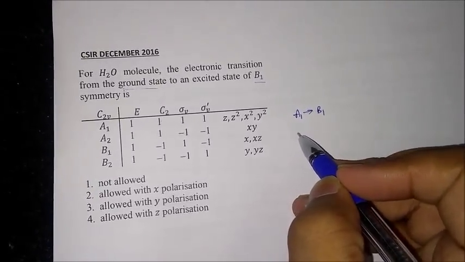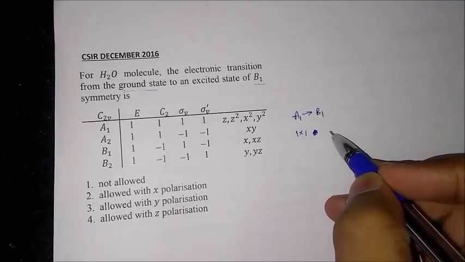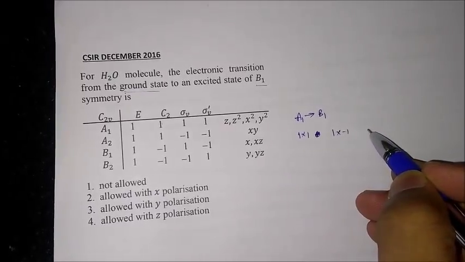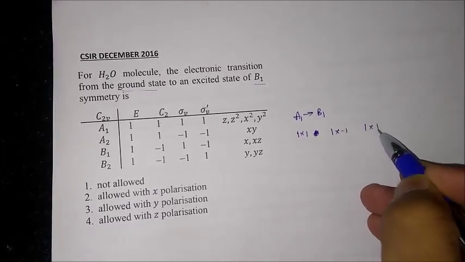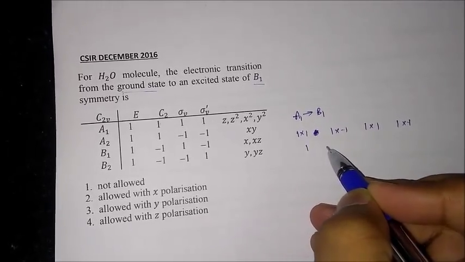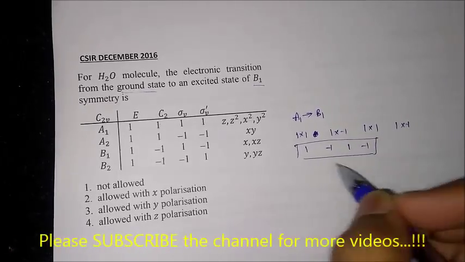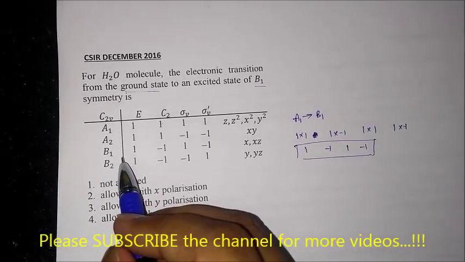When you multiply, you get 1 into 1, 1 into minus 1, 1 into 1 and 1 into minus 1. So you get 1, minus 1, 1 and minus 1, which is nothing but the B1 state itself. So you are getting the B1 state.